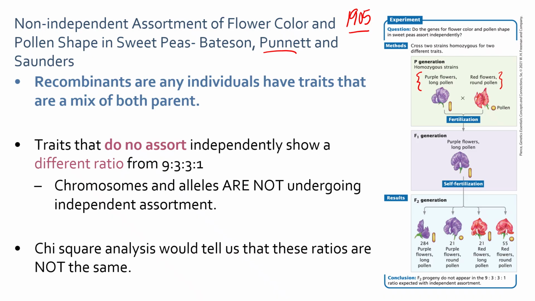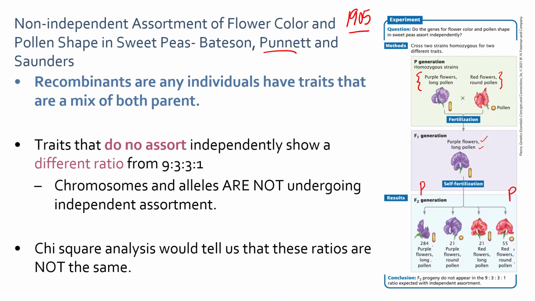And just like Mendel, they discovered that purple flowers and long pollen were dominant because everybody in that F1 generation had purple flowers and long pollen grains. And then they did their crosses and they got all 4 of the possibilities. They got the 2 parental possibilities, which are purple flowers with long pollen and red flowers with round pollen.